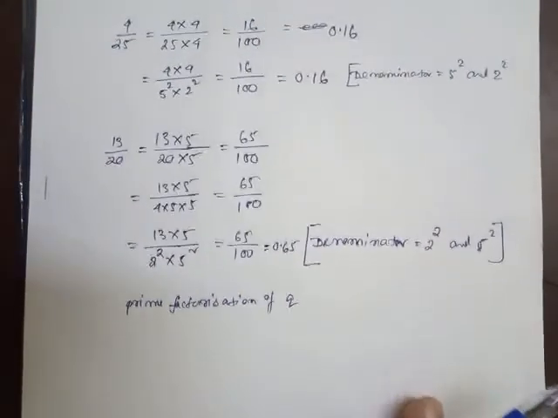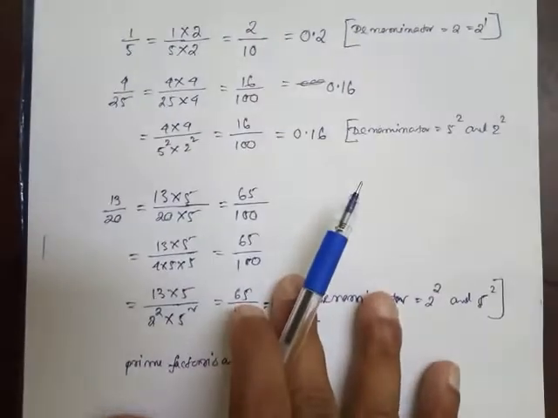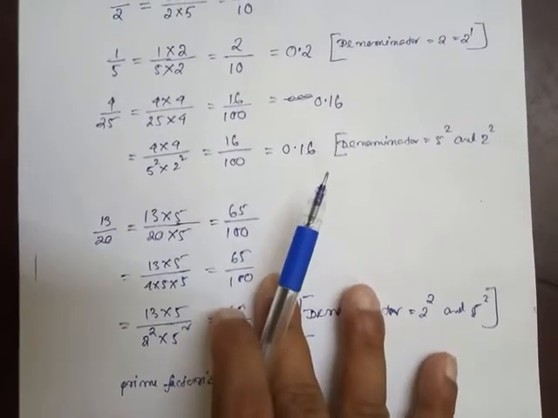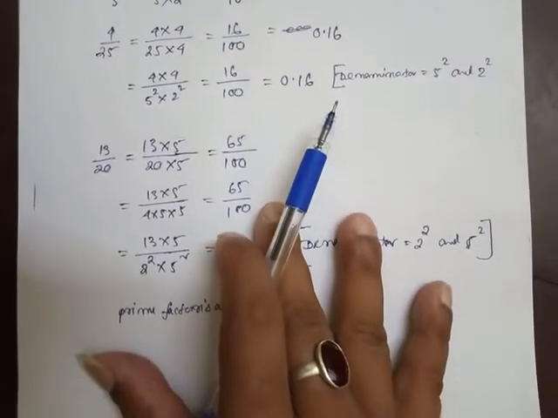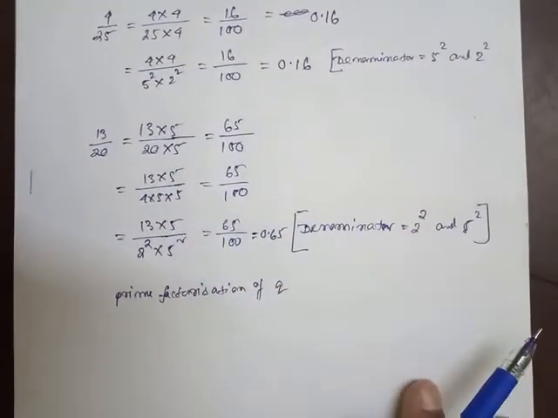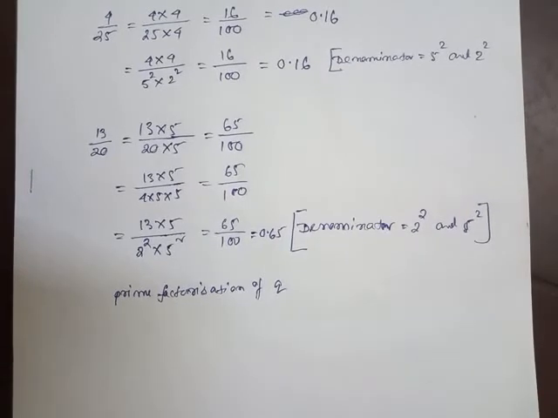In this case q is 25, in this case q is 5, in this case q is 2. So for every example I am representing here, q is the denominator.